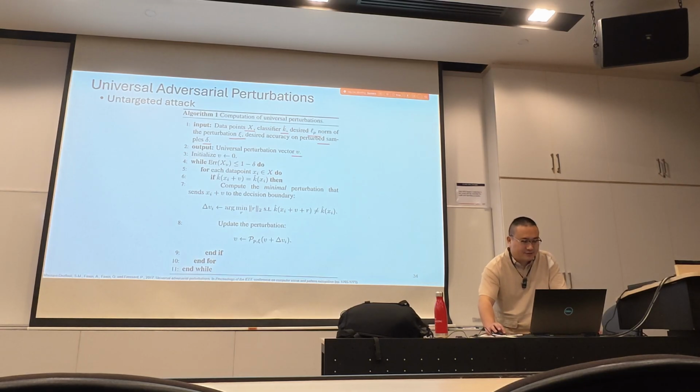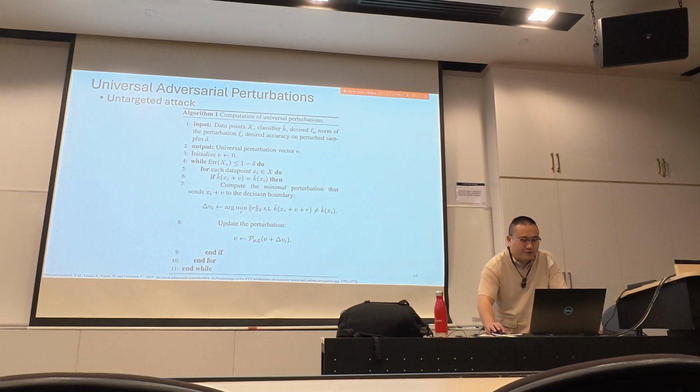At the beginning, we set the UAP to 0, and then we start the while loop. The while loop continues until the error is smaller than the predefined value. For example, while the fooling rate is still smaller than 90%, we continue to modify the UAP. Let's see what we do. For each data point, we extract each image from the image set and add the UAP to the image.